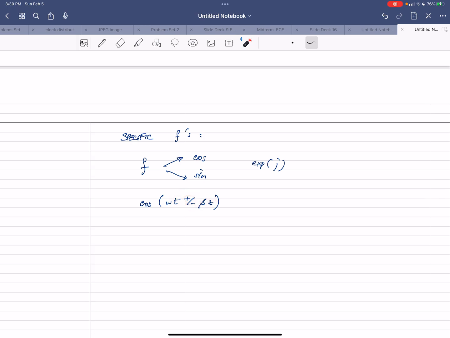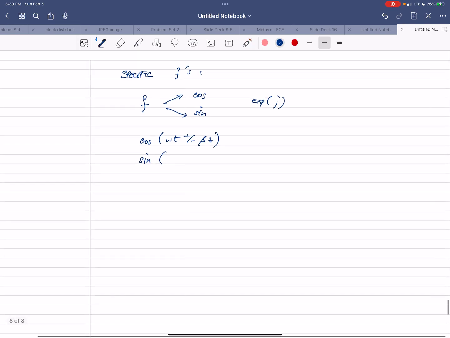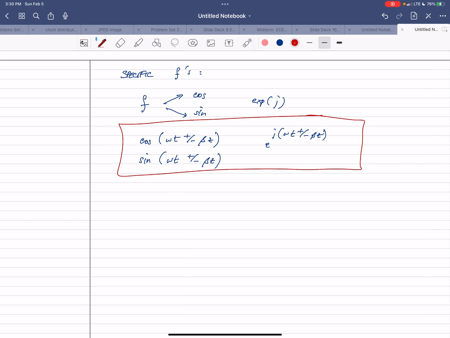So that looks like a traveling wave solution, or also a sine of omega t plus or minus beta z, or e to the j omega t plus or minus beta z. And all of these things are sinusoidal waves that satisfy the traveling wave equation.